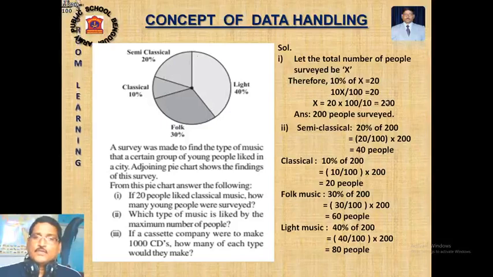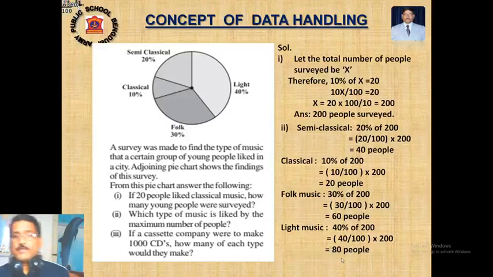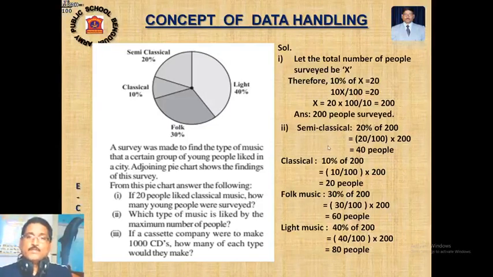When total people is given, you can find semi-classical music 20% of the 200, classical already have got, folk music 30% of 200, light music 40% of the 200, and we are getting 40, 60, 20, 80. Here light music 80 people, that is the maximum in number. Okay, you can find out that only the light music, or you can find out total people in defined group.